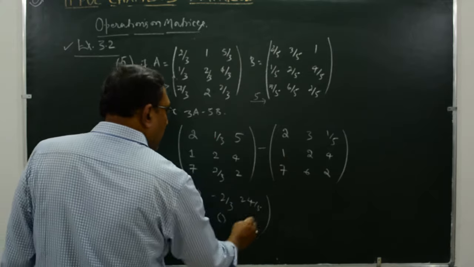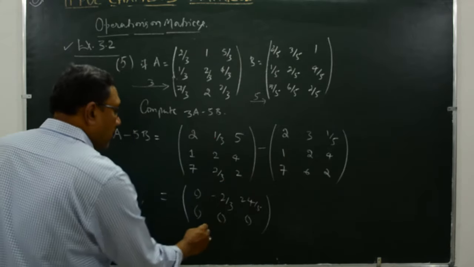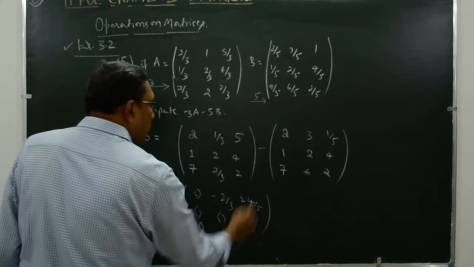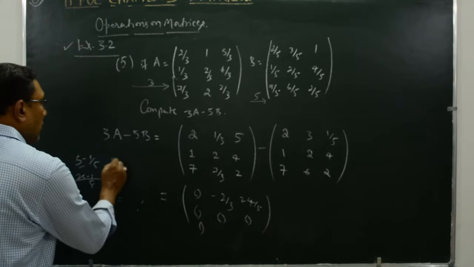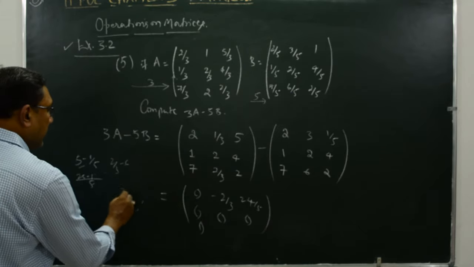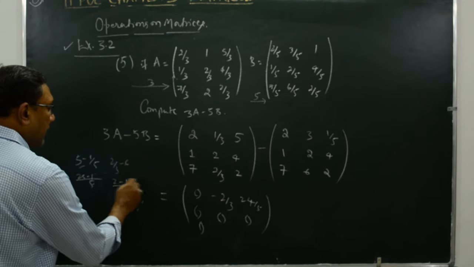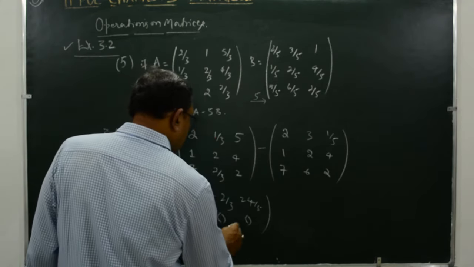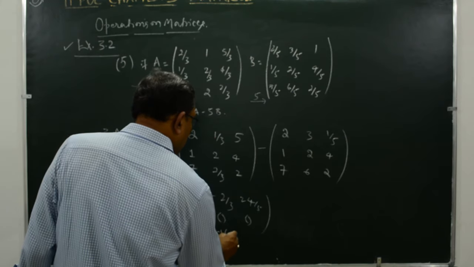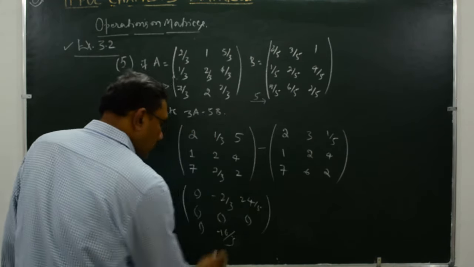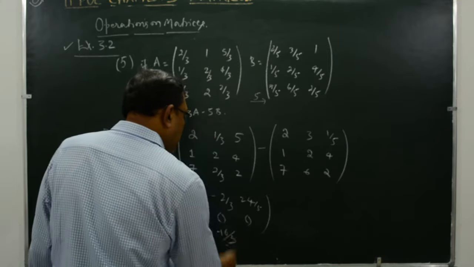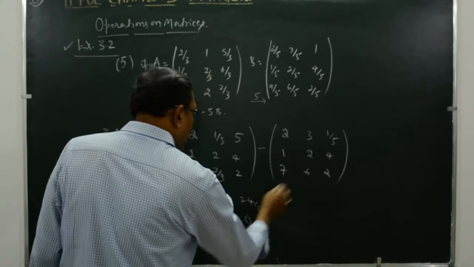4 minus 4 is 0, 7 minus 7 is 0, 2 by 3 minus 6, 2 by 3 minus 3, 3 is the LCM, 2 minus 18, 6 threes are 18, which is minus 16 by 3, sorry, 2 by 3 minus 16 by 3, and 2 minus 2 is 0.